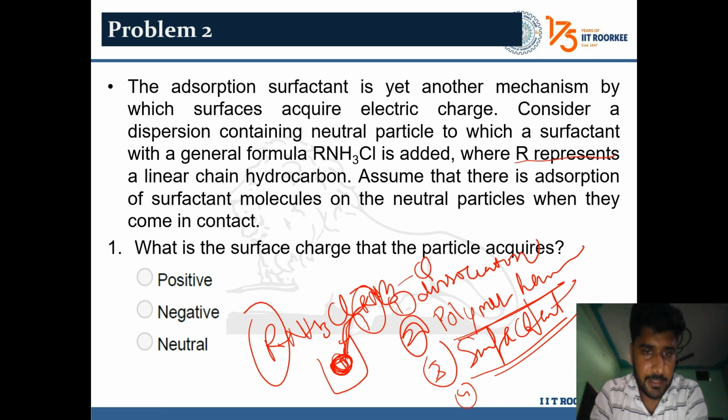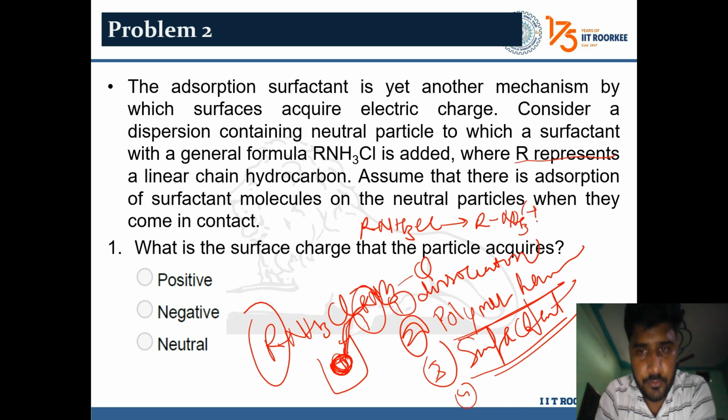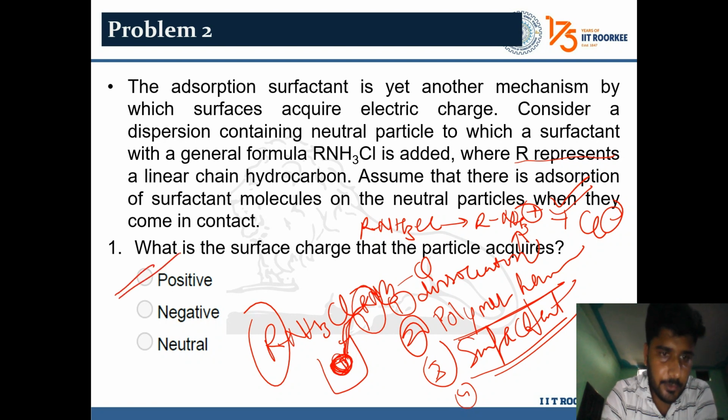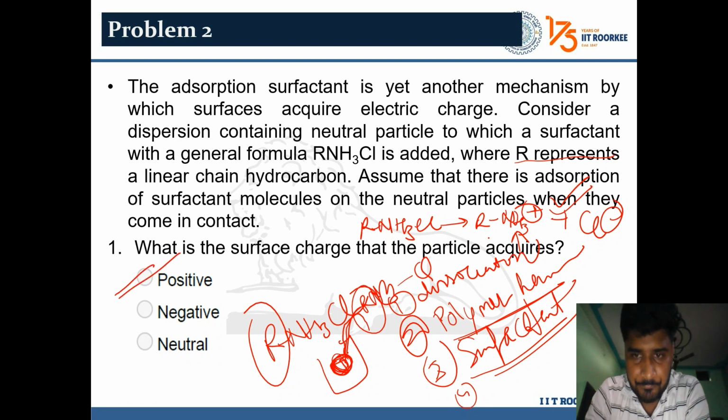So what is the surface charge that the particle acquires? Let me show how it will dissociate. RNH3Cl: Cl is a good leaving group, so it readily dissociates into RNH3 positive plus Cl negative. So the surface charge will be positive.